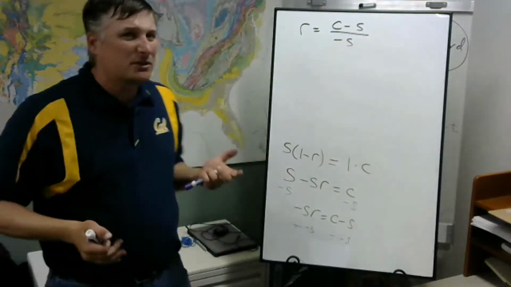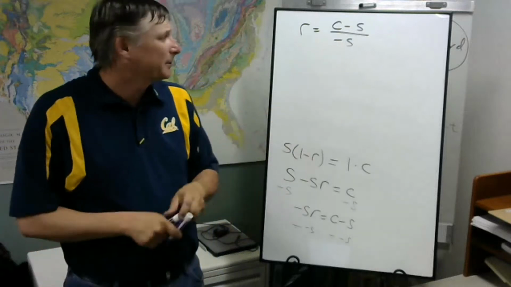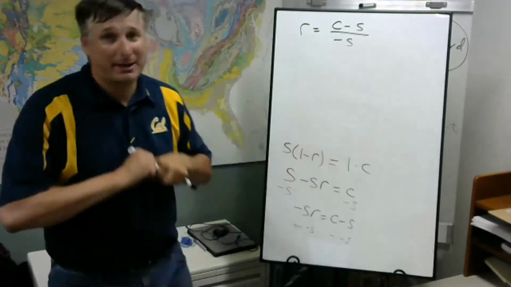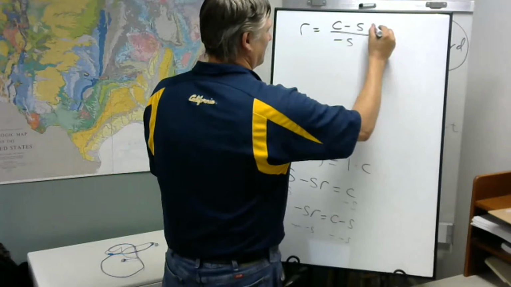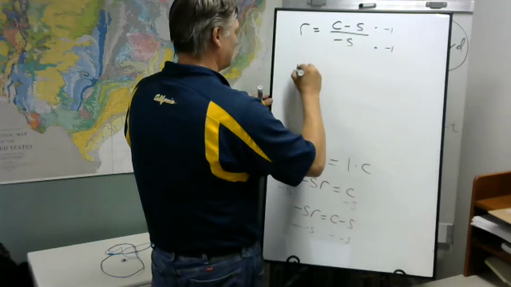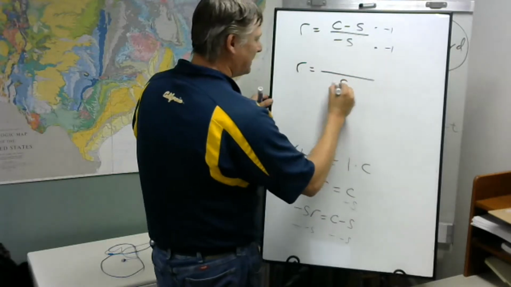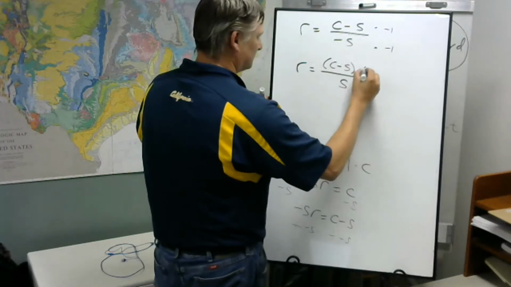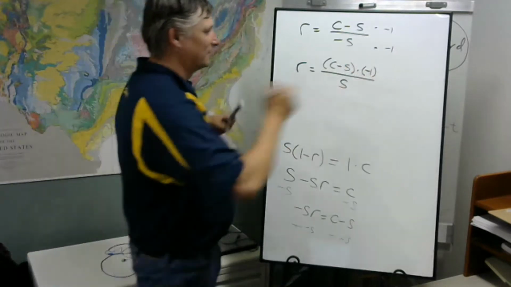Now, it's a convention in mathematics that we try to avoid negatives like this in the denominator. So what we can do, we can multiply bottom and top by -1. So negative times negative is positive. I'm multiplying -1 still on top.